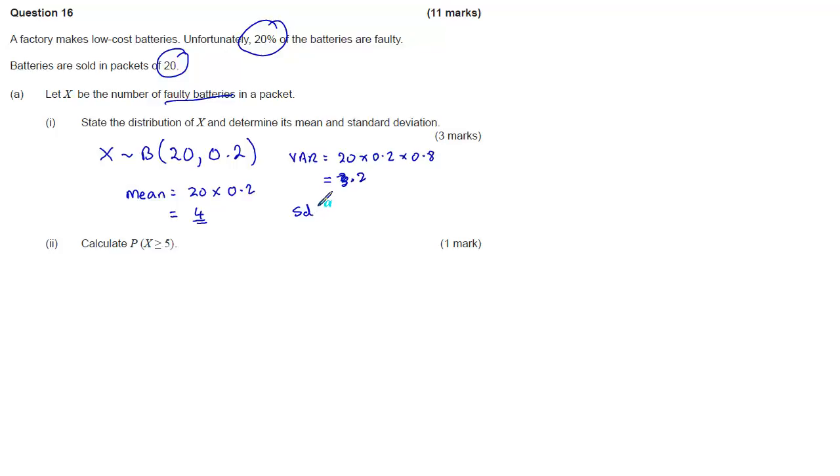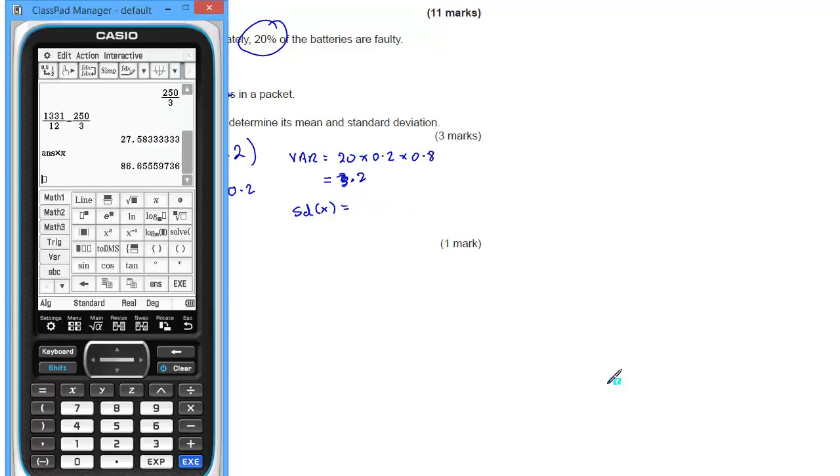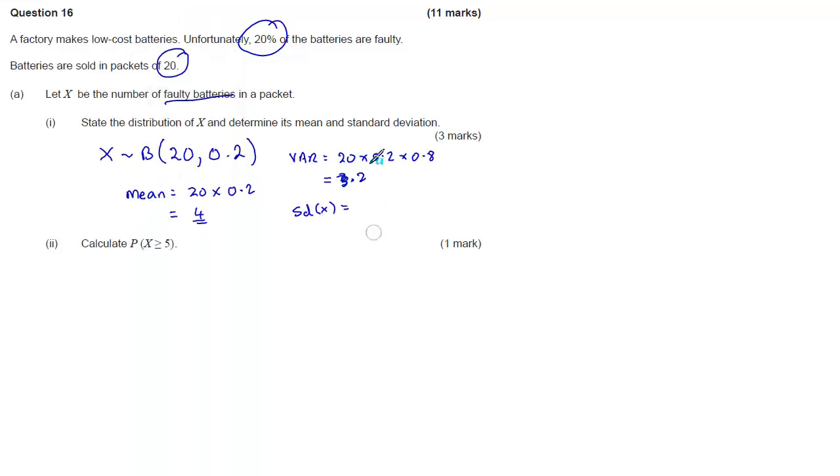And so the standard deviation of X is going to be the square root of 3.2. So square root 3.2, which is about 1.79, correct to 2 decimal places.